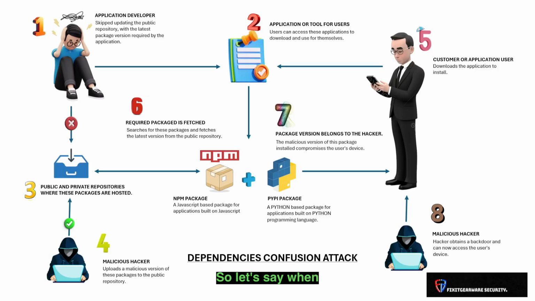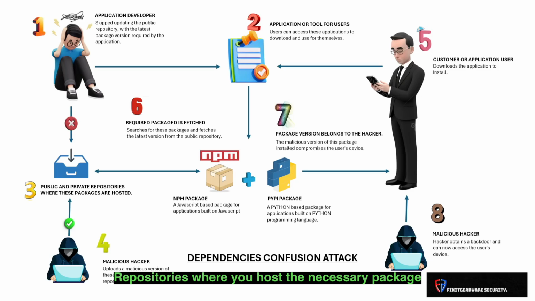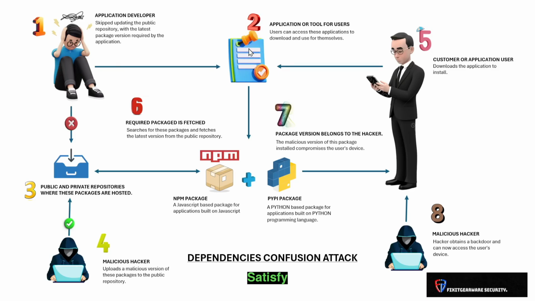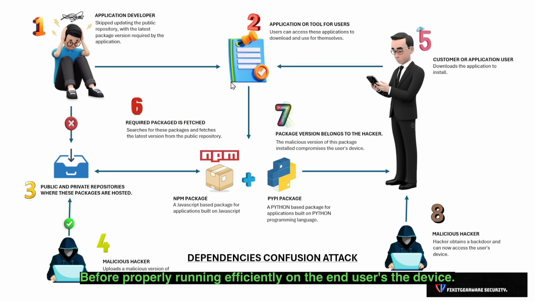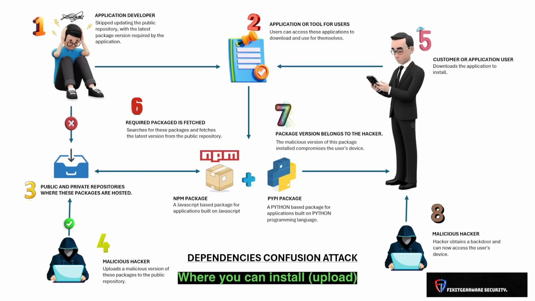So let's say when you wrote this application, you have two types of repositories where you host the necessary package that this application is required to satisfy before properly running efficiently on the end user's device. Now, here is a repository. On this repository, you have your own private repository where you can install this necessary package.